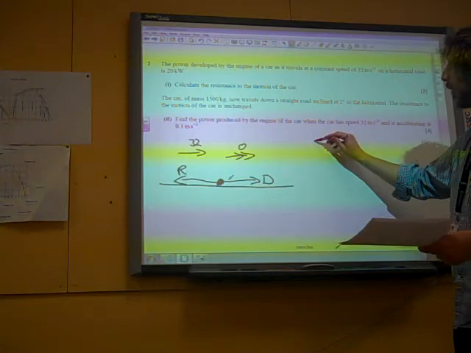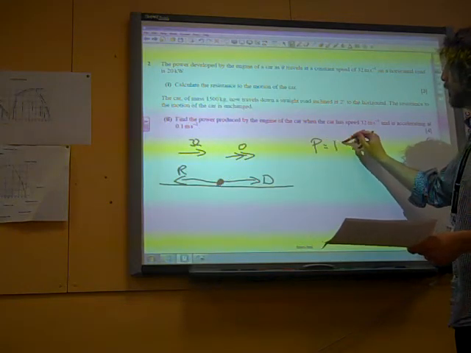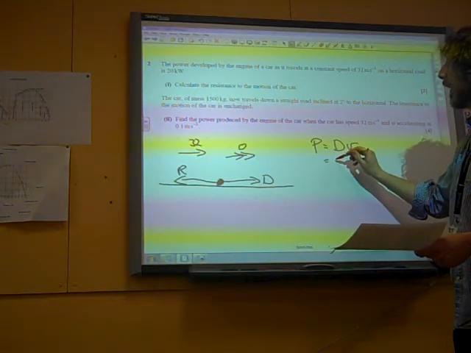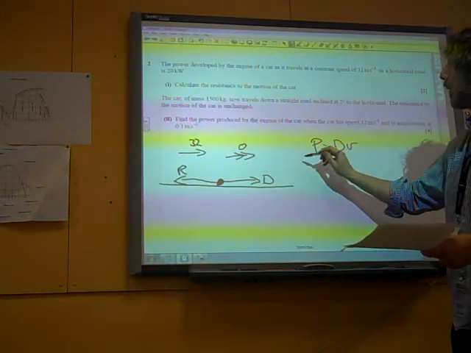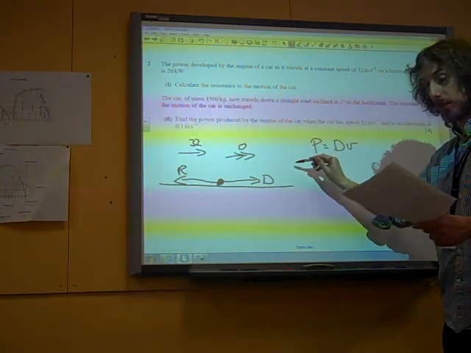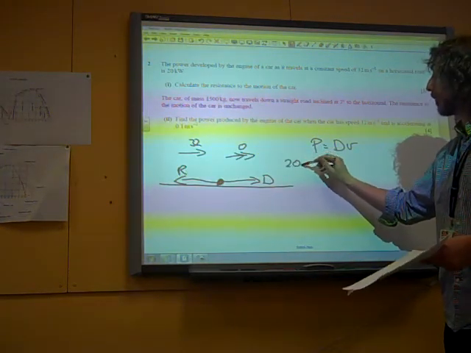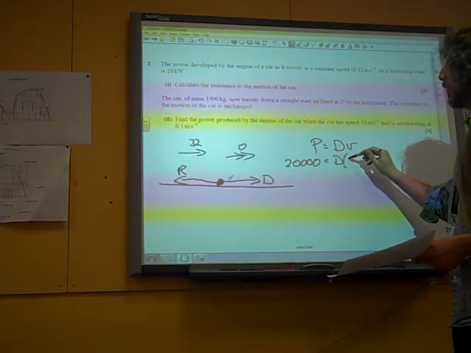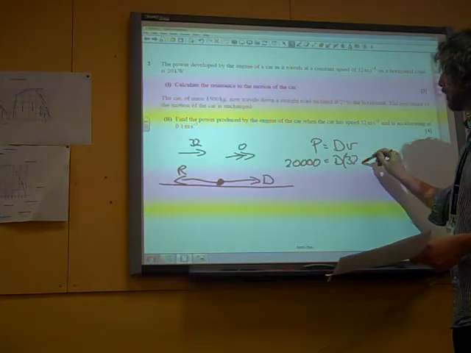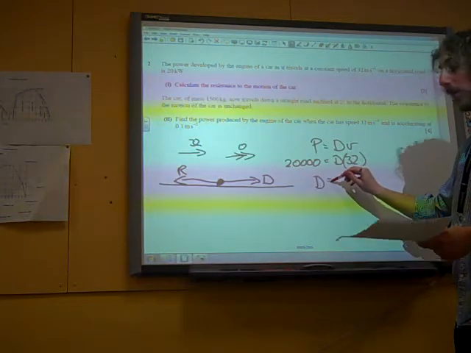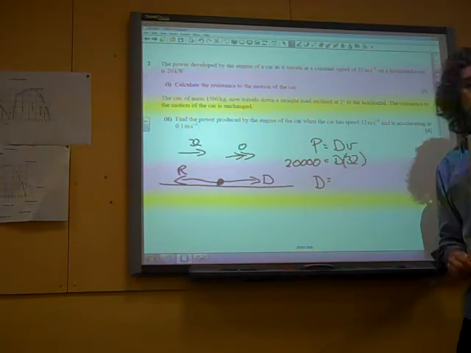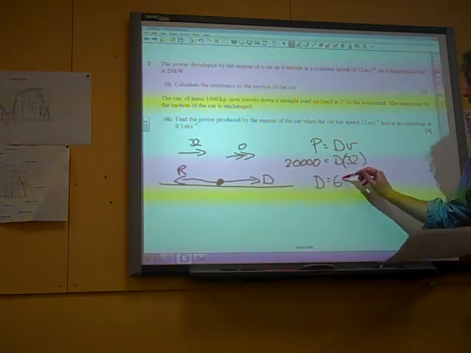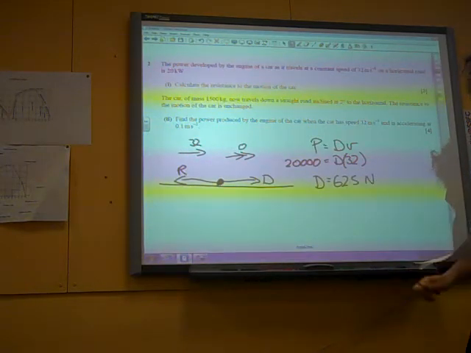Because the power is equal to the driving force times velocity. So that is our 20,000 that we've got there, is equal to D times 32, which gives us a value of the driving force of 625 newtons.